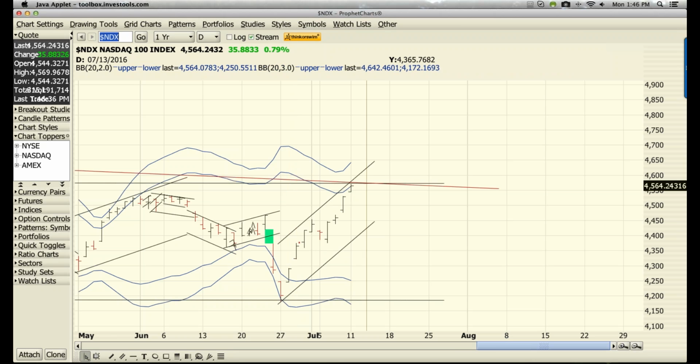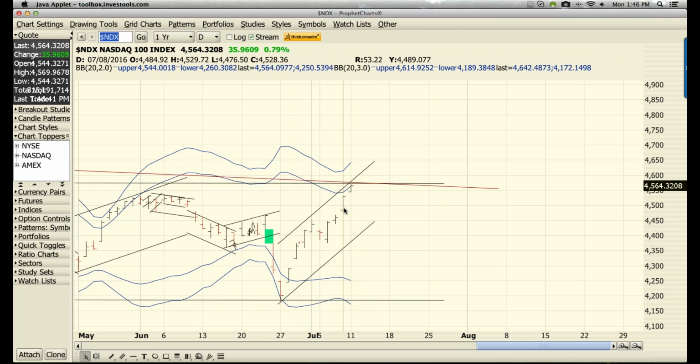And so what that means is that the price will eventually trade back down to the high of the bar before the gap. So it'll trade back down to 45.29.72. It'll trade back down to 44.68, and it'll trade back down to 42.91.